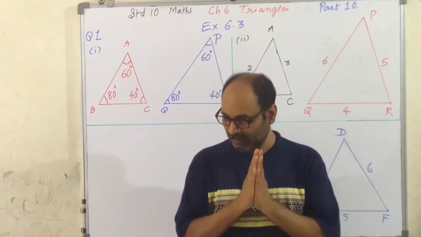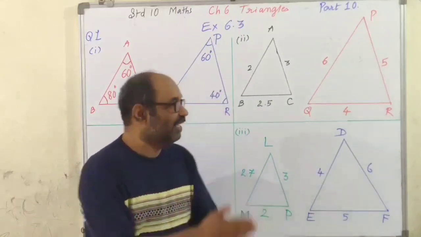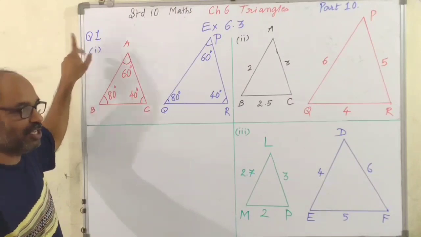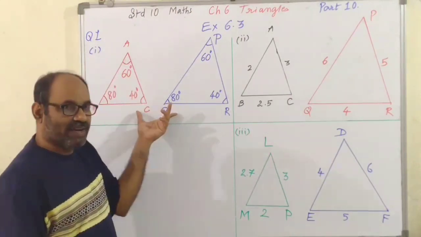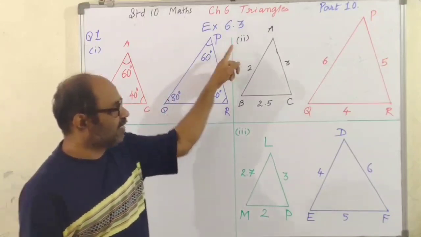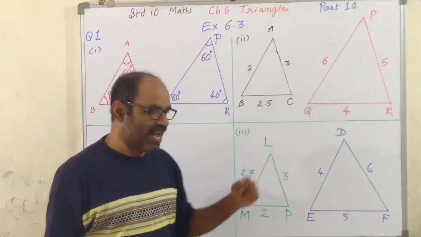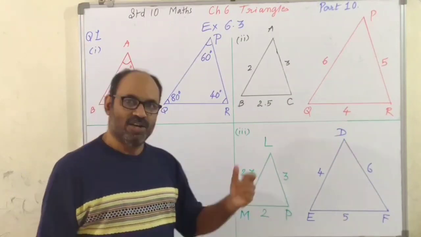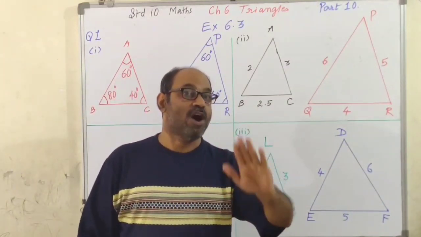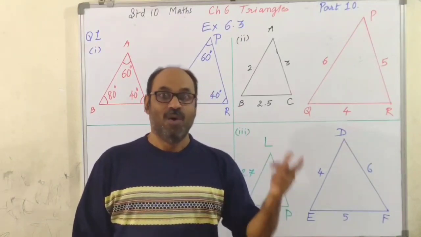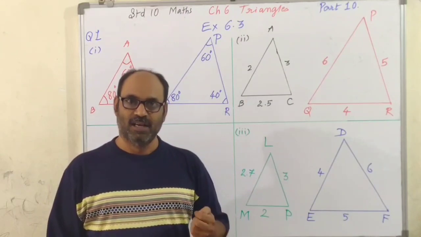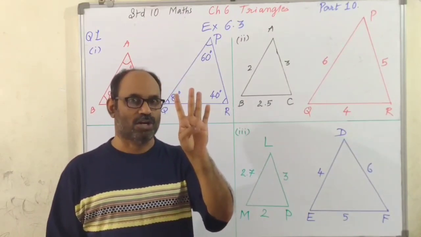Okay, fine. So let's see this. Children, in the first question, a pair of triangles is given. In the second question, another pair of triangles, and in the third question, another pair of triangles. You have to decide from the conditions given whether this pair of triangles is similar or not. We have 4 things to show that.